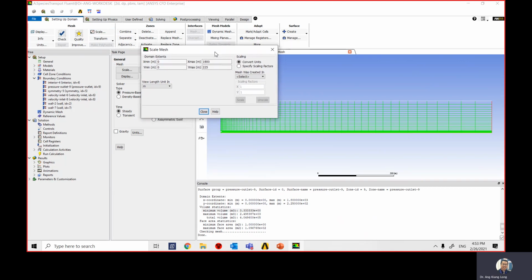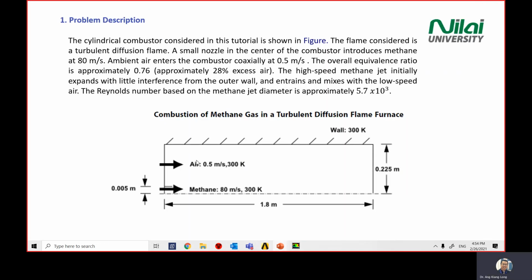This scale mesh window will come out. Before you do anything, you will see 1800 meter and 225 meter. If you look at the diagram on the screen here, the length is 1.8 meter. If you convert to mm, it will be 1800 mm.